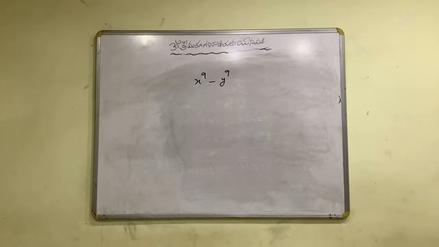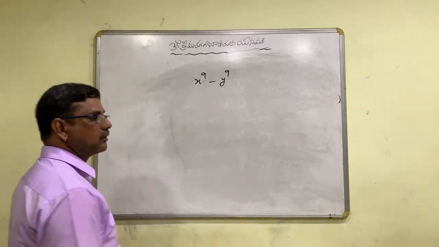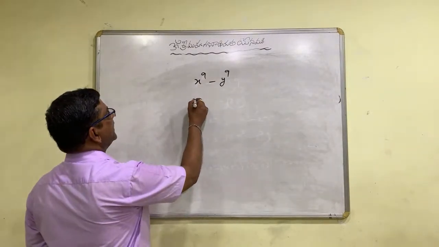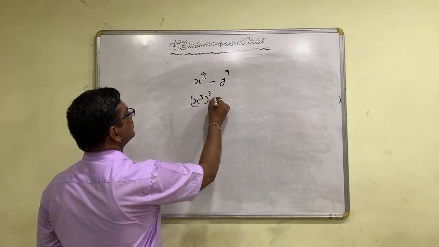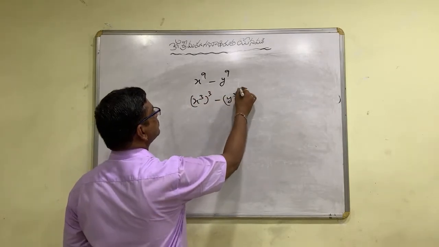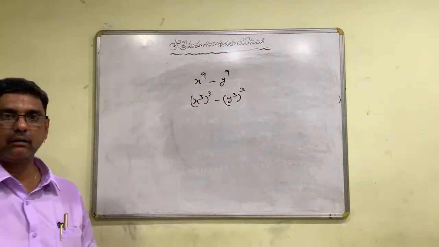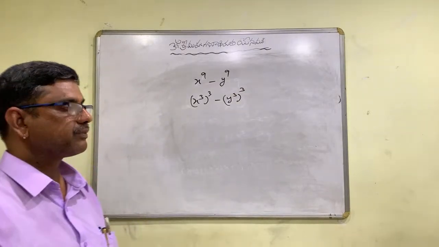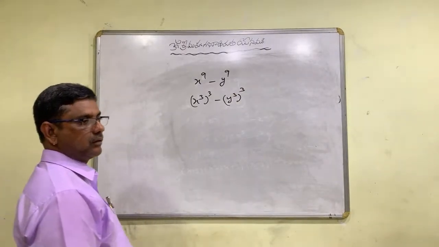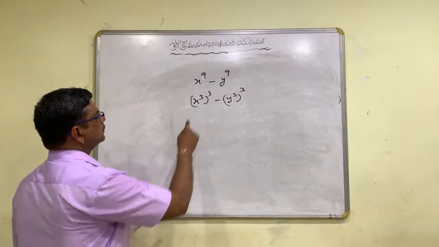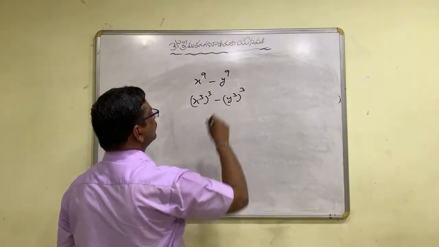How to do this? Write this one as x cube whole cube and this one as y cube whole cube. Understand, children? Now this is the form of a cube minus b cube.